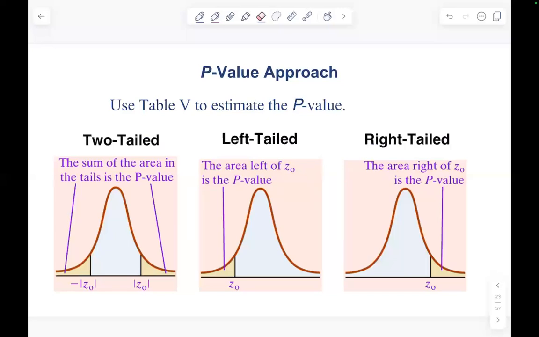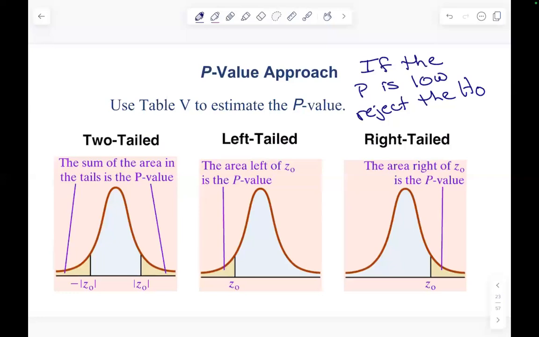As I said before, if the p is low, reject the null hypothesis, which is the H naught. The p is low, reject the H naught. If our p-value is less than alpha, reject the null hypothesis. The p-value is just a probability.